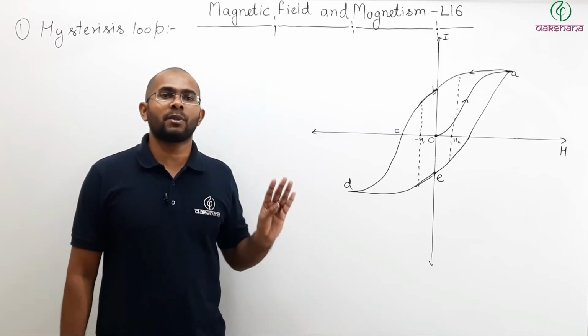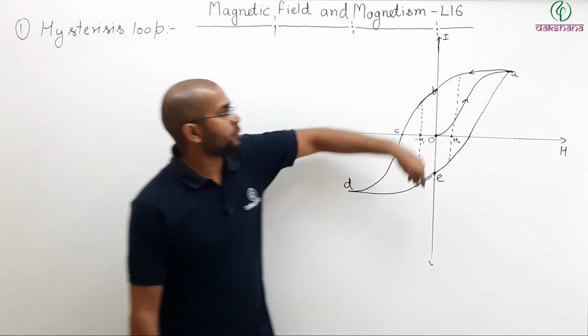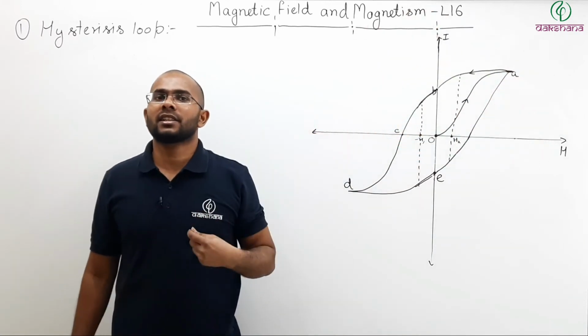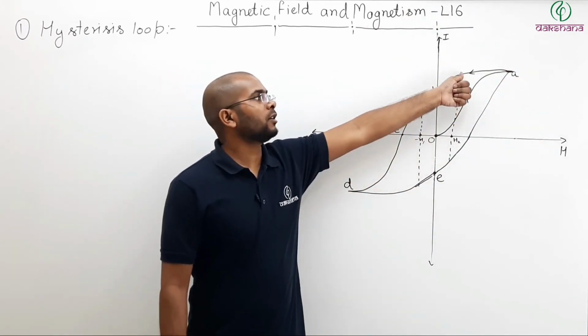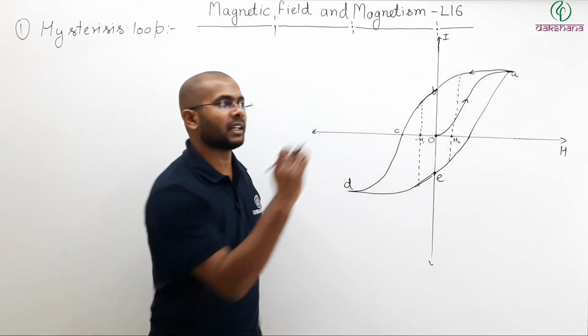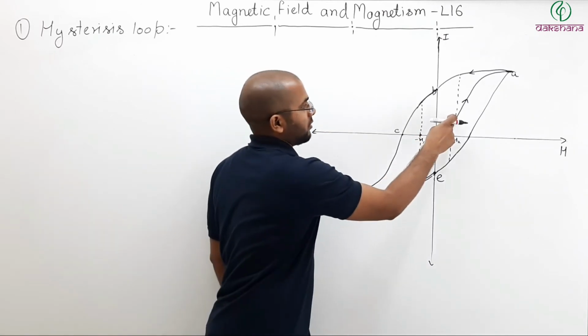What do you mean by history of the material? See here. If previously it was already magnetized and now you are demagnetizing it, then this will be the value of I. If previously it was zero magnetization and you are magnetizing it, then this will be the value of I here.